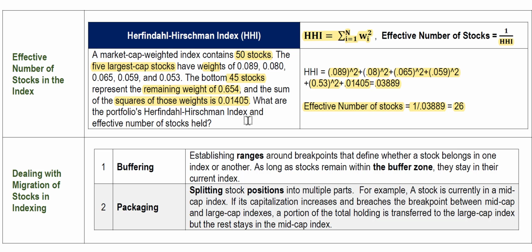So the Herfindahl-Hirschman index suggests that, given those weights, we need to select 26 stocks, including the first 5. We can rank them, and these 26 stocks will achieve the same diversification effect as the underlying 50 stocks. This is the way we can easily identify the effective number of stocks in the index that we can use to create our own, for example, ETF or other mutual fund.